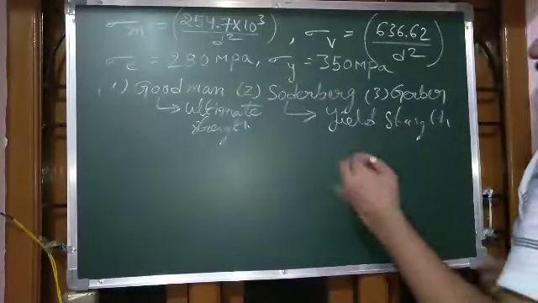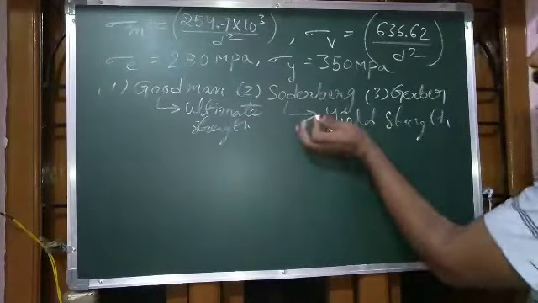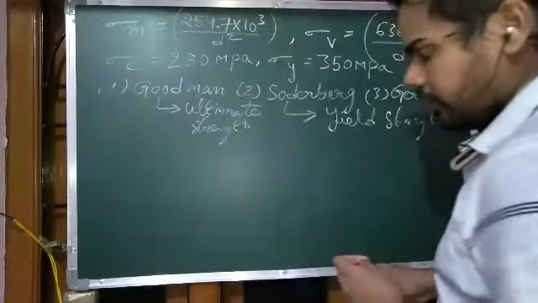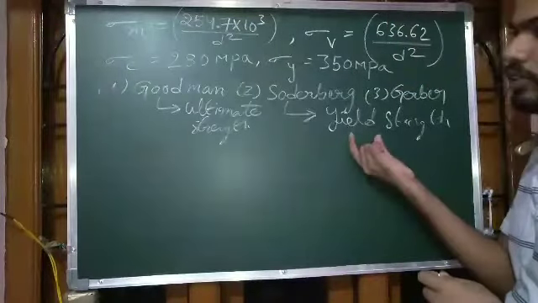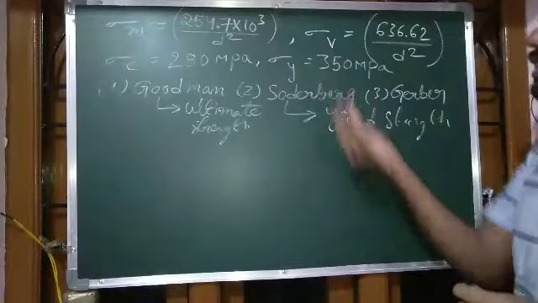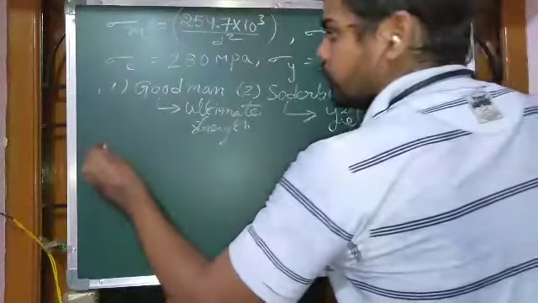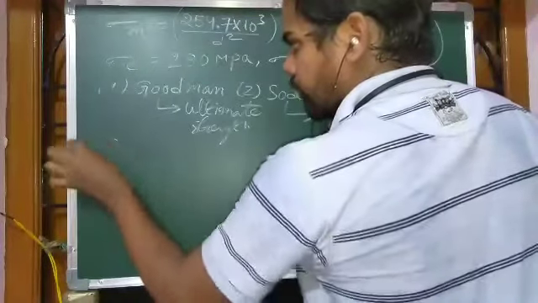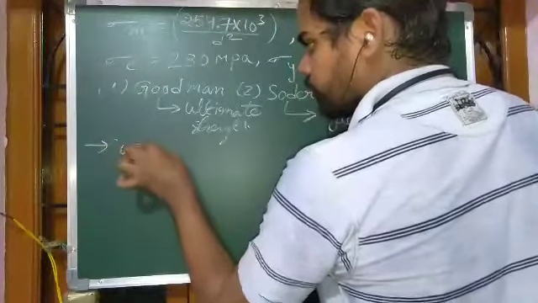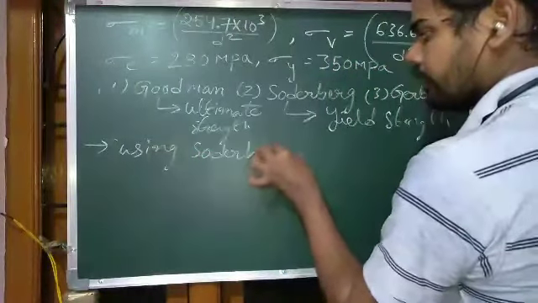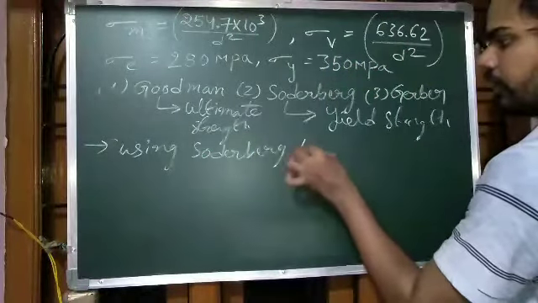So we have to solve this problem by using Soderberg method, because in Soderberg method the design is based on yield strength. Here yield strength is the only design parameter. So we have to follow Soderberg theory.